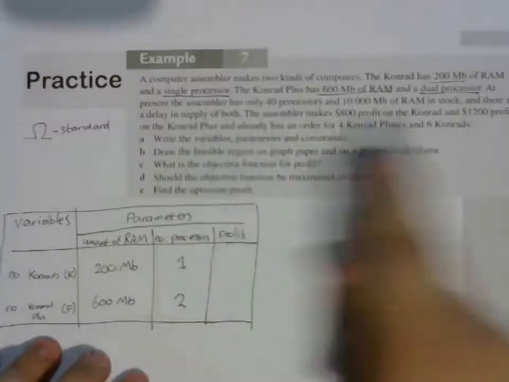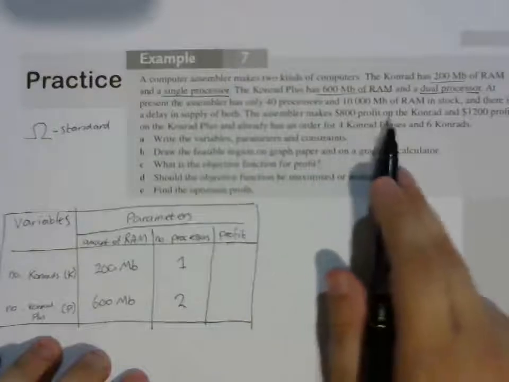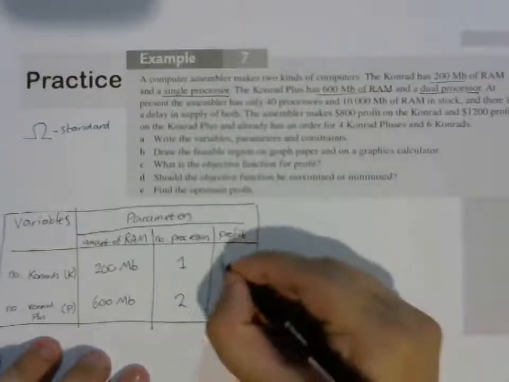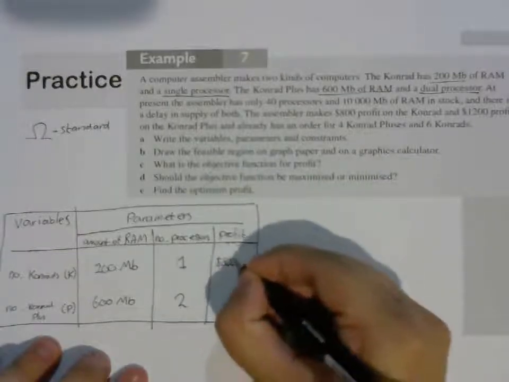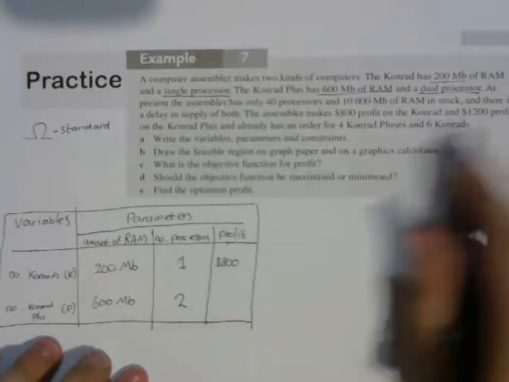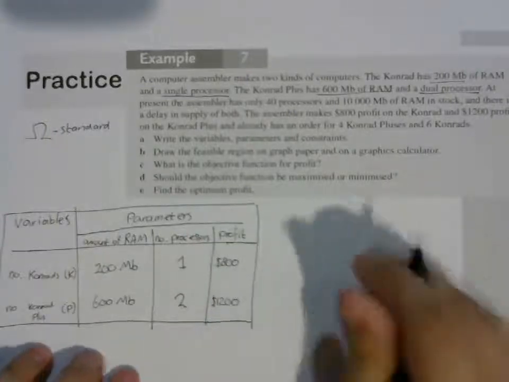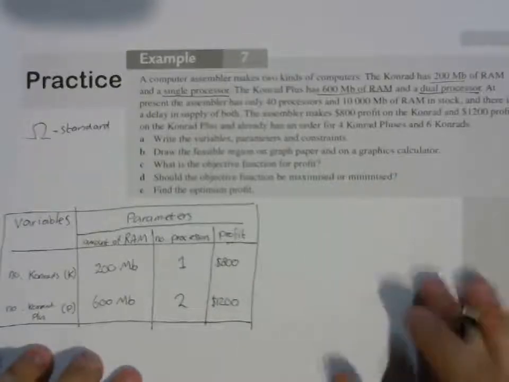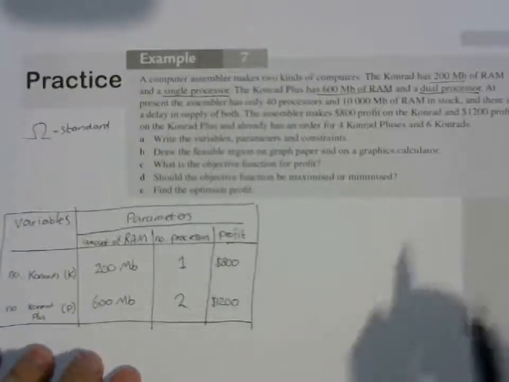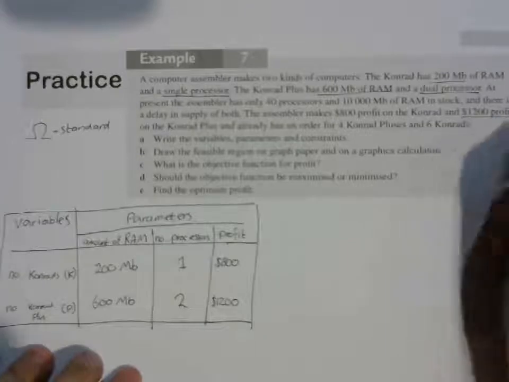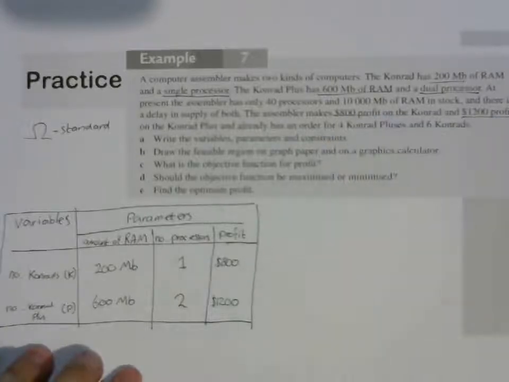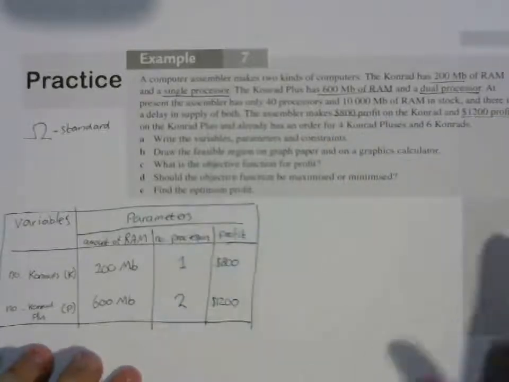I'm going to skip over the rest of the information for the moment. The assembler makes $800 profit on the Conrad. So the profit is $800 and $1,200 profit on the Conrad Plus. Okay. So I've used that information, I've used this information. The rest are constraints.